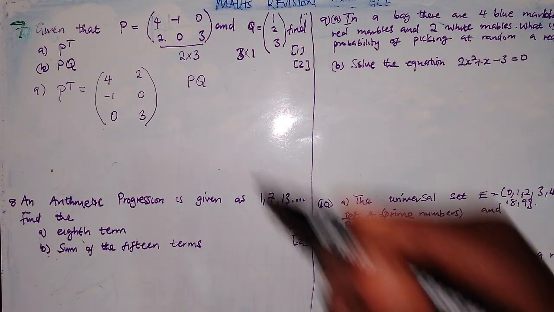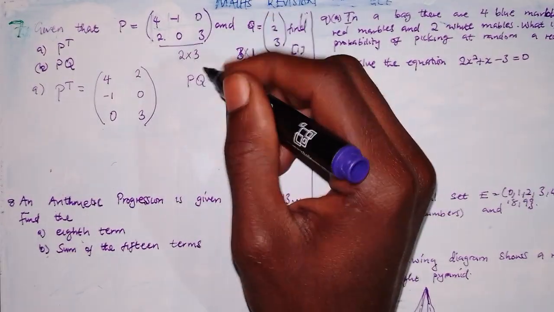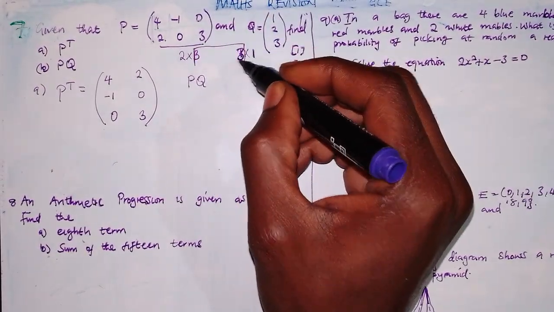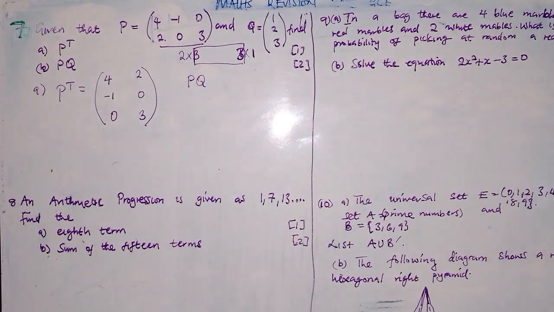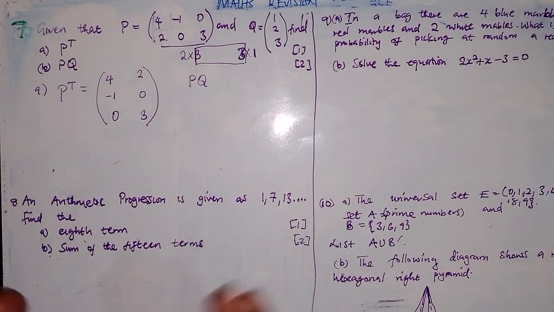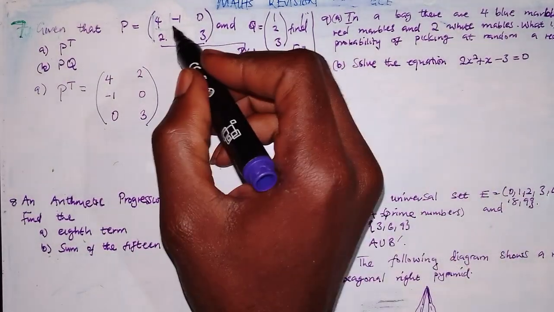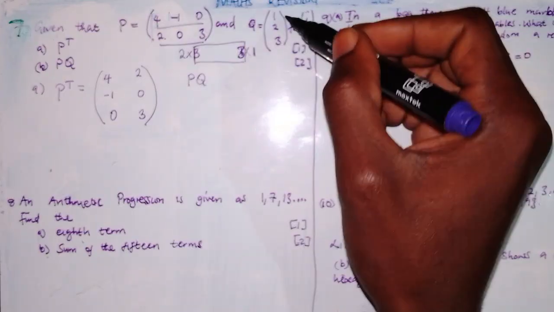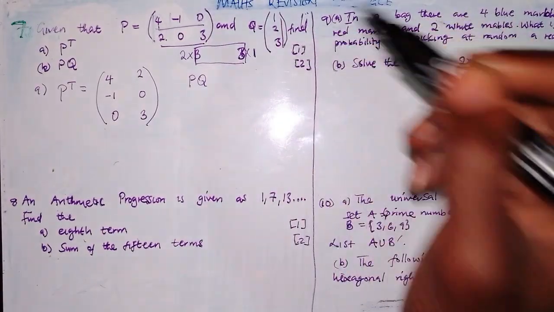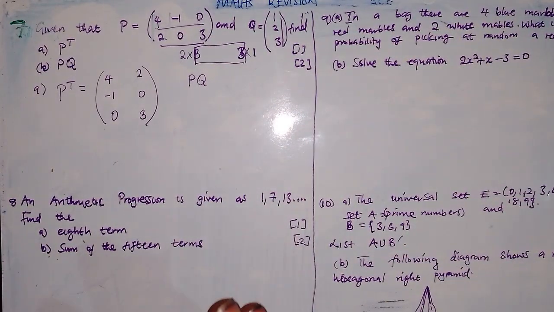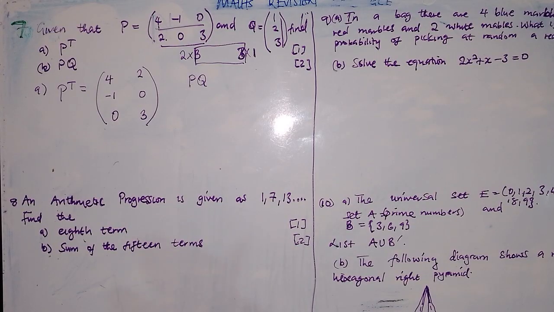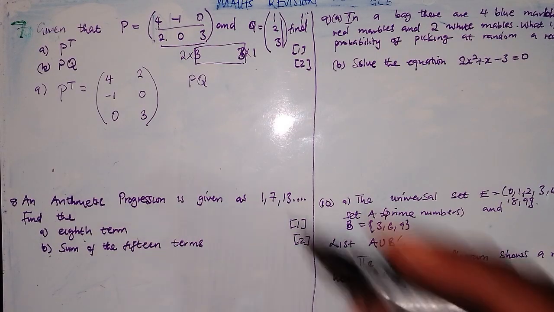Since the column and rows have matched, meaning we can multiply this matrix. So how do you multiply? You multiply the entire row with this entire column. Then you add the answers.